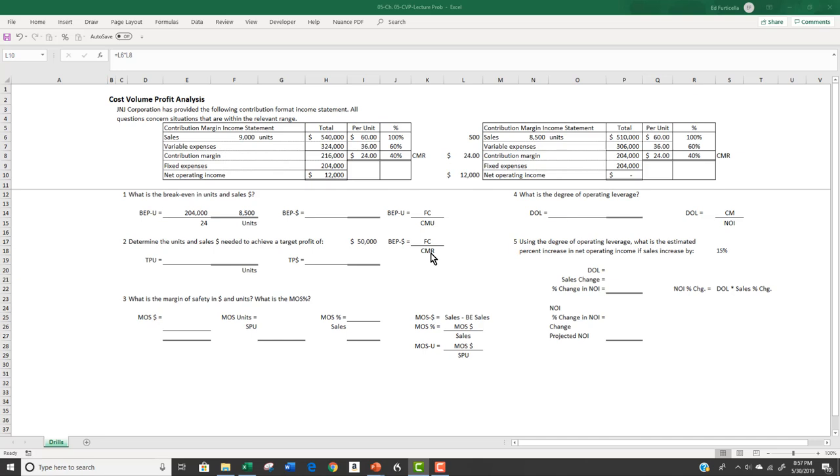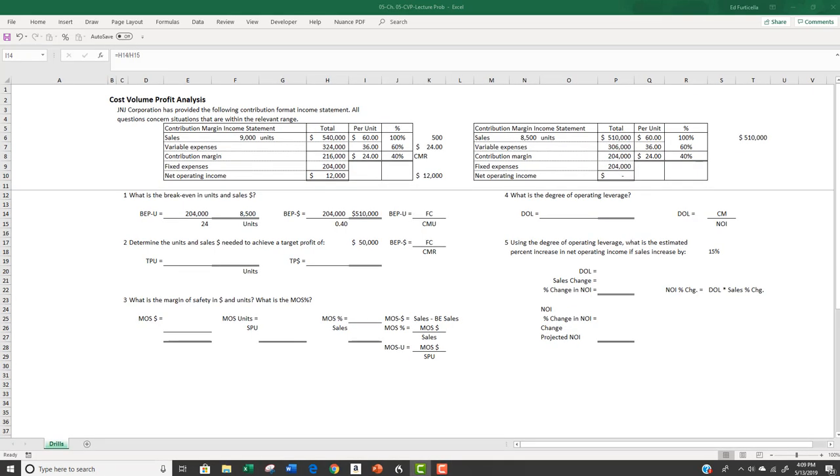For J&J, we would multiply $60 by 8,500 units to get a total of $510,000, or we could divide $204,000 by the contribution margin ratio of 40%. In either case, the result is $510,000. At a sales level of $510,000, J&J would break even.